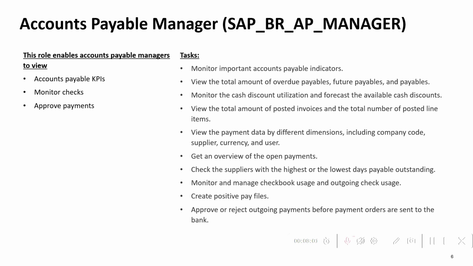Get an overview of the open payments. Check the suppliers with the highest or lowest days payable outstanding. Monitor and manage checkbook usage and outgoing check usage. Create positive pay files. Approve or reject outgoing payments before payment orders are sent to the bank. These are the tasks the accounts payable manager will perform.